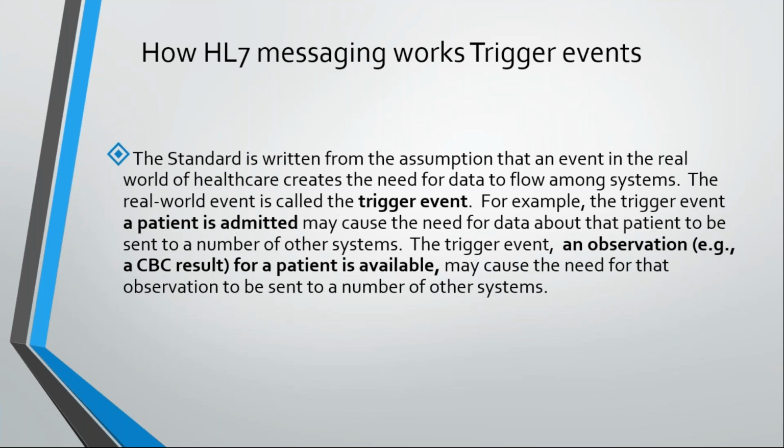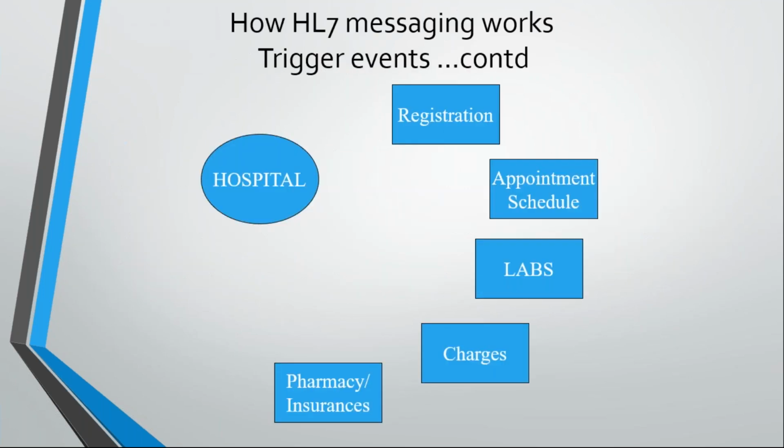The discussion with the receptionist and getting the patient details stored is one of those events. Then you will have appointment related events, charge related events, observation related events. So there are many events in the hospital workflow, and each of those events will generate the necessity for data flow from one system to another. That is the main core of any HL7 message that is being generated.